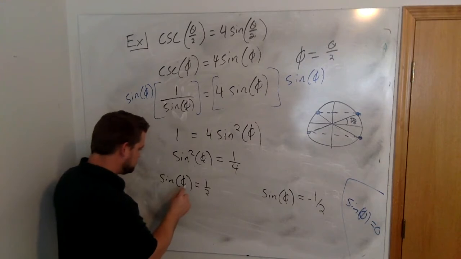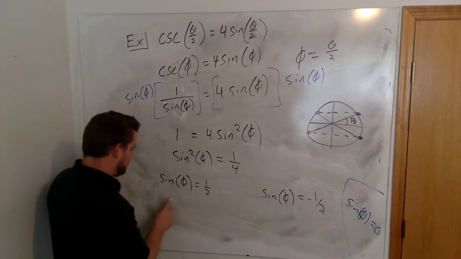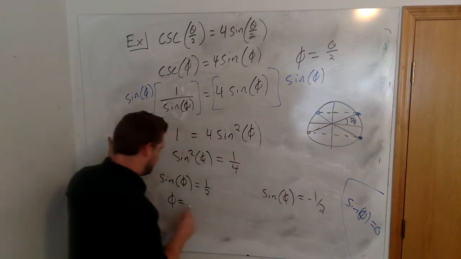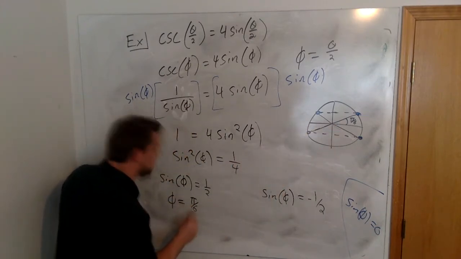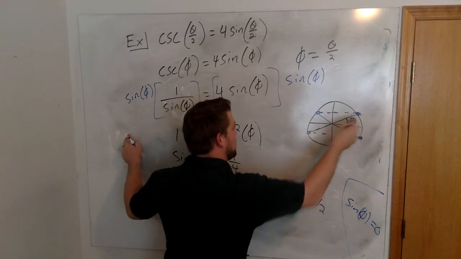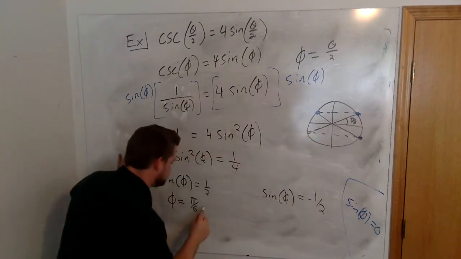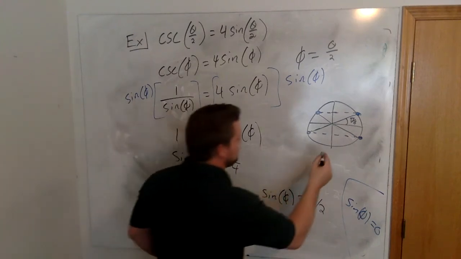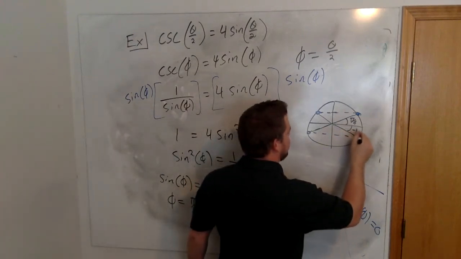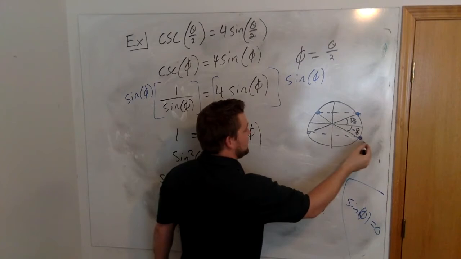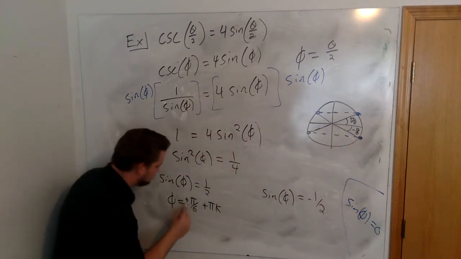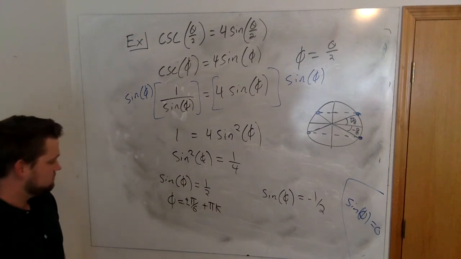So we could get that phi could be equal to pi over 6 plus pi k. Or we could also get, I guess we're right here at negative pi over 6, negative pi over 6 plus pi k. So instead, we could do plus or minus pi over 6.